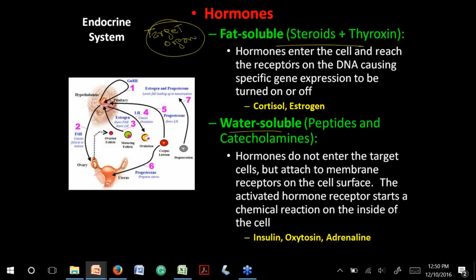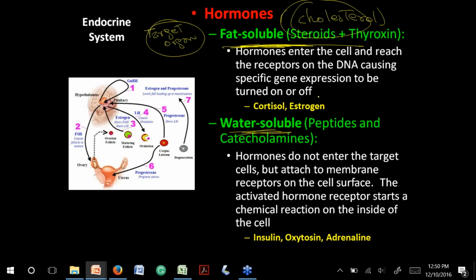At this moment, what I want you to remember is the fat soluble and the water soluble. Fat soluble hormones are formed from cholesterol. Oh my God, this is so important, cholesterol. They need cholesterol to be produced as a hormone.